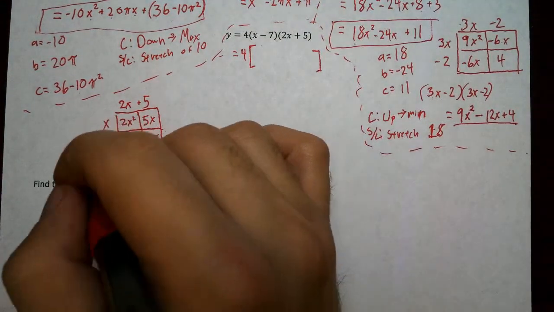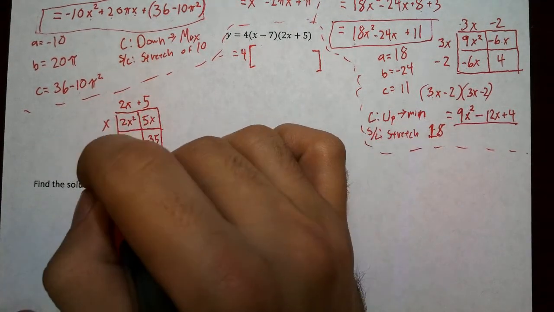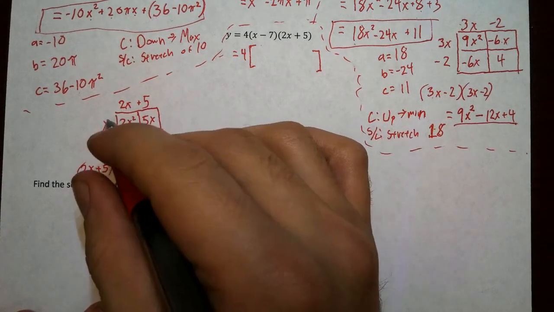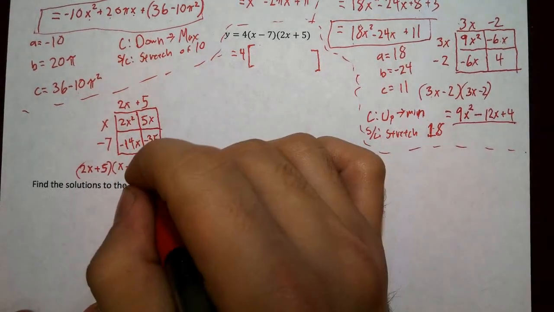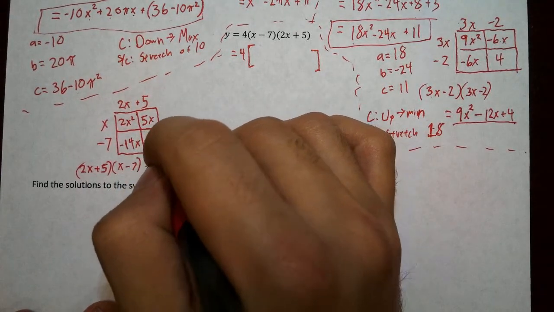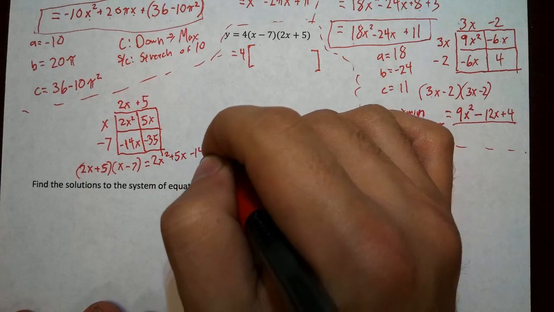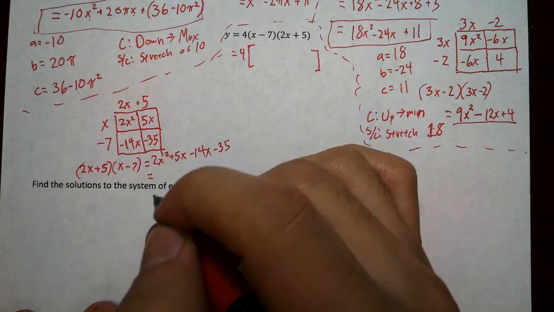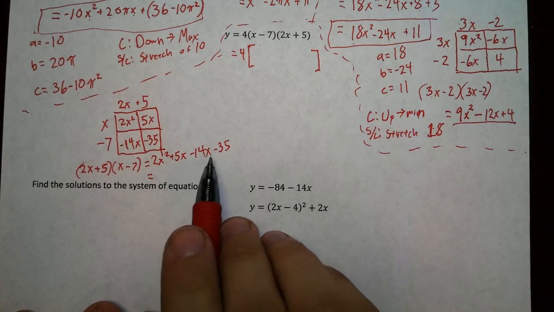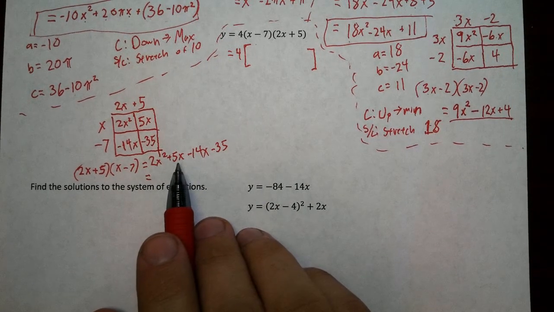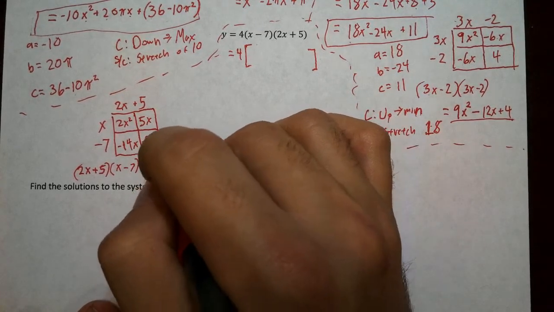Alright. So over here we realize that this binomial multiplication means that 2x plus 5 quantity times x minus 7 quantity is equal to 2x squared plus 5x minus 14x minus 35. Alright, and combining like terms, the x terms are like terms, so 5x minus 14x is going to be negative 9x, and we'll just bring everything else down.